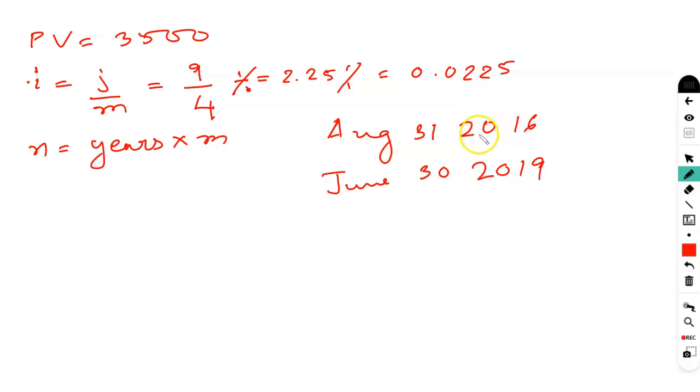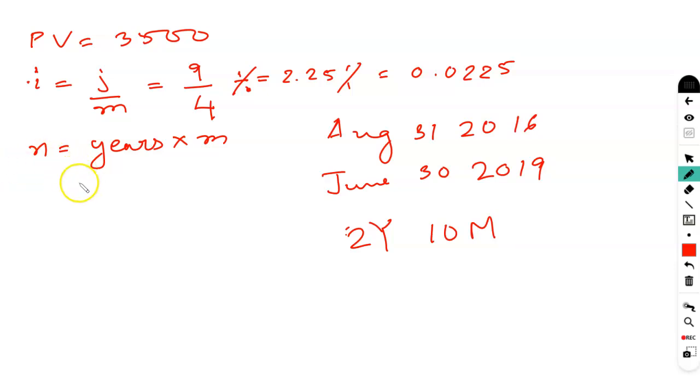From August 2016 to August 2018, we have 2 years. Then we have the number of months: September, October, November, December, so 4 months in 2018, and the remaining 6 months up to June. So 4 and 6, that is 10 months. So 2 years and 10 months.